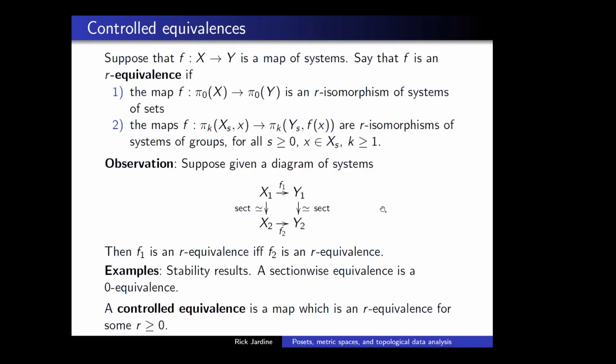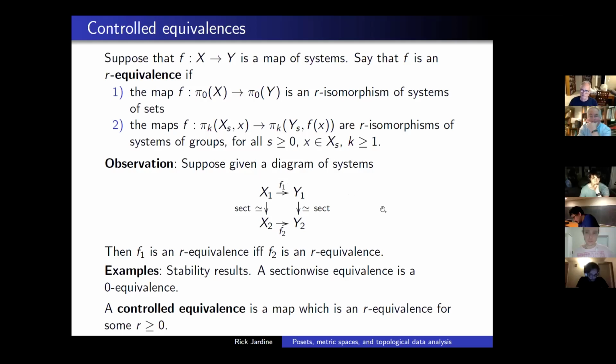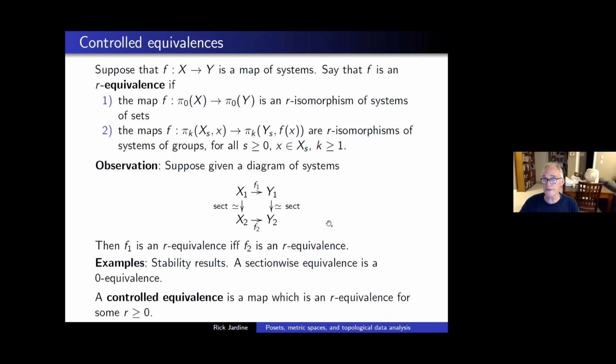But there's also this notion of section-wise equivalence. That's a map which is a weak equivalence for each parameter value S. But that's just a zero equivalence, you see. So all these things fit into this rubric of R equivalences as R varies. I say that a controlled equivalence is a map which is an R equivalence for some R greater than or equal to 0. But the game here is to control this R. So let's go on with that.